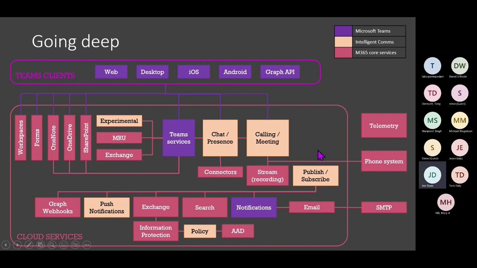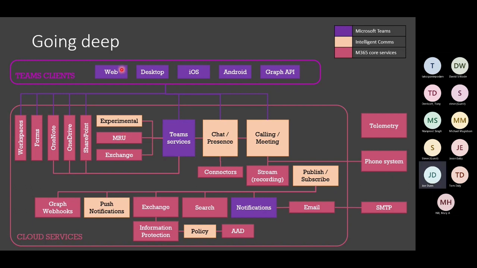However you get into Teams, whether through the web, your desktop client, your phone, tablet, or through the backend Graph API that connects all of these cloud services together and that you can access with Power Automate or Power Apps or other things, those are going to come into the cloud and get split up by the Teams services modules.